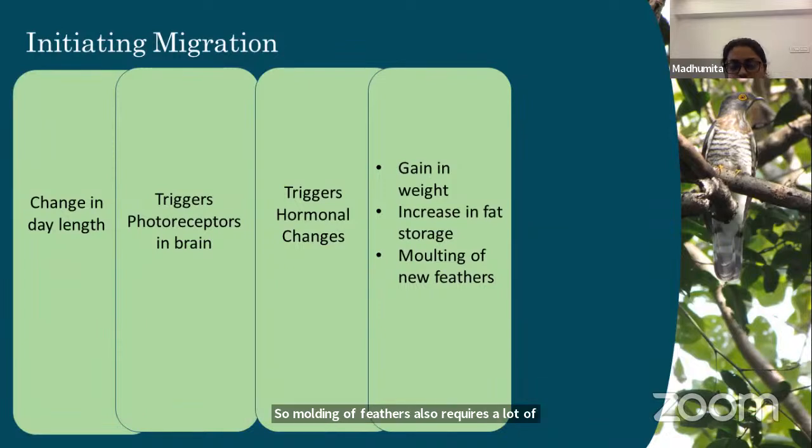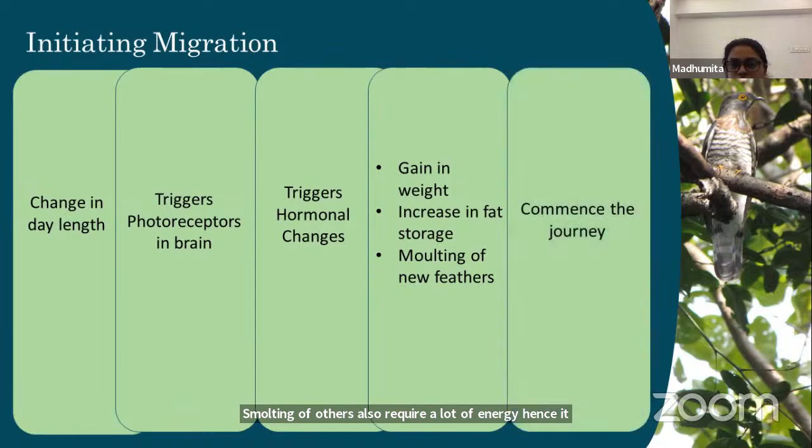In a bird's life history, breeding, molting of feathers and migration could be three very energy intensive traits. Hence, it is a long drawn process to prepare yourself for a longer duration of migration.